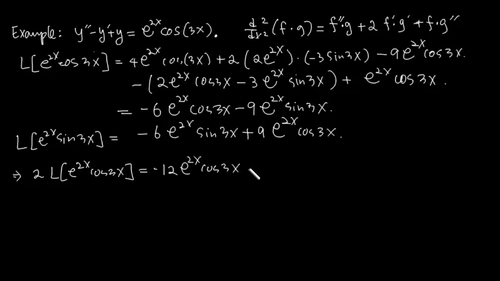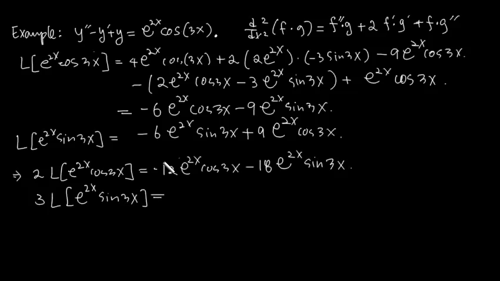By that part, it's going to be negative 18. So that's the result. After we multiply 2 there, we're going to multiply 3 there. 3 like that, e to the 2x sine 3x, and that's going to be 3 multiplied there, and negative 18, like that, and 3 is multiplied to this one, so it's going to be 27, like that.